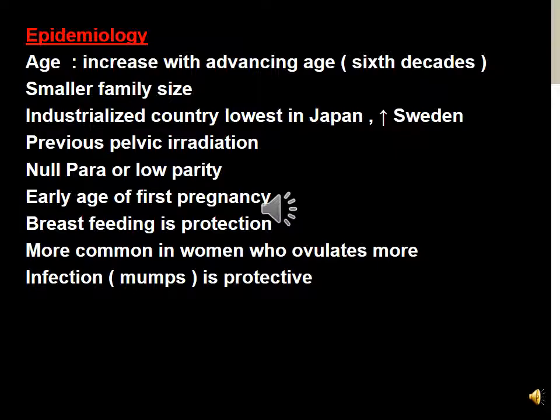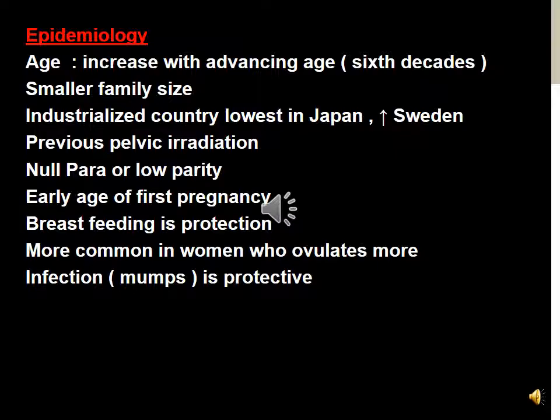There is a special geographical distribution for ovarian cancer. It is increased in Sweden and among Caucasians, while it is less in Japanese and Africans. A previous history of pelvic irradiation increases the possibility of ovarian cancer, and nulliparity or low parity is one of the factors that enhance ovarian tumor.